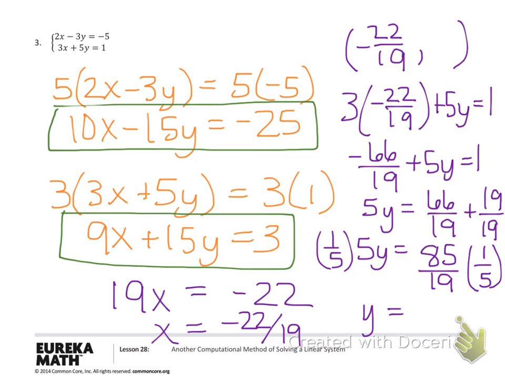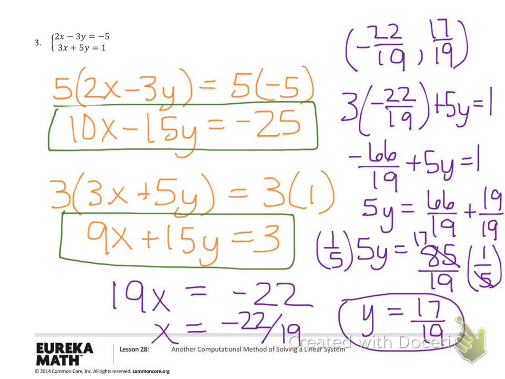I need to know how many are in there, and it's going to be 17 19s. Yeah, so basically I did that and got 17 up here. So y is 17 19ths. So that's the y coordinate of my solution right there.